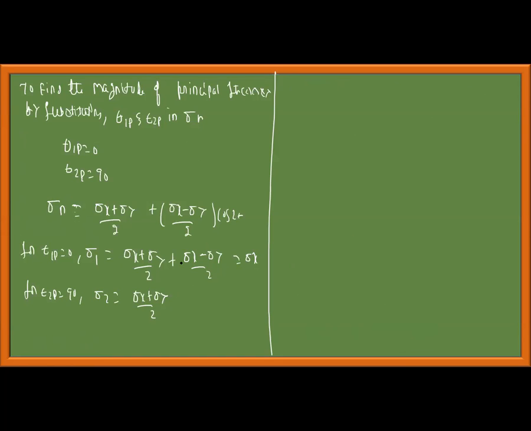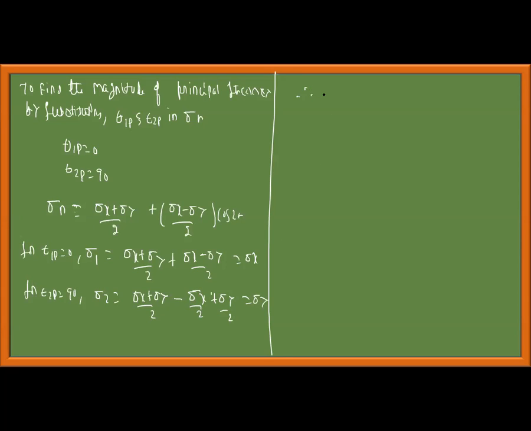For theta 2p, this is cos 2 into 90, cos 180 is minus 1, so minus of sigma x by 2 plus sigma y by 2, which is equal to sigma y.